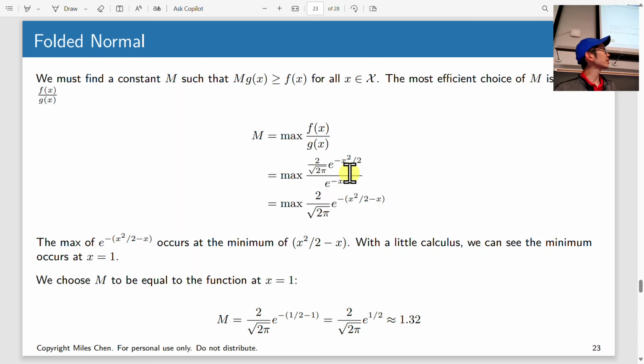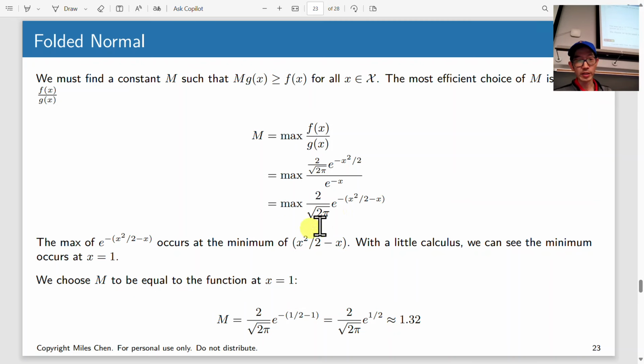And so we can do a little bit of algebra here, all right? And we want to find, okay, well, where is the max of this? So I've got this quantity 2 over root 2 pi e to the negative x squared divided by 2 minus x, okay?